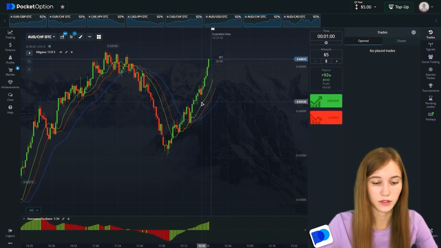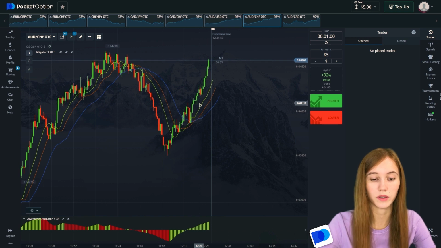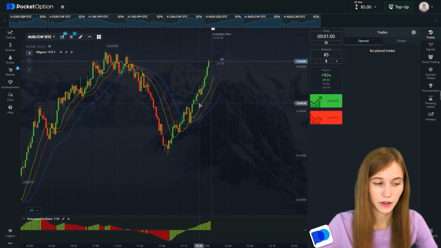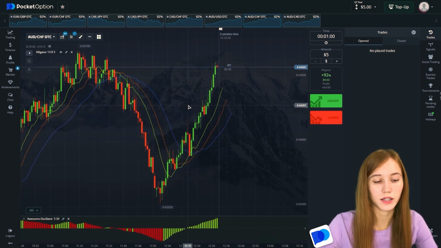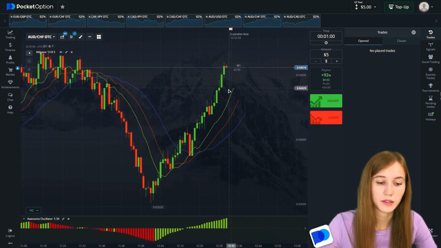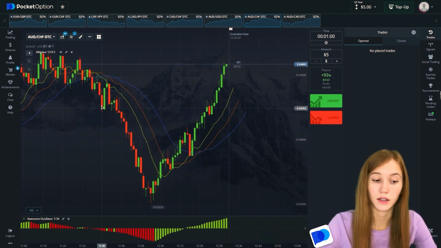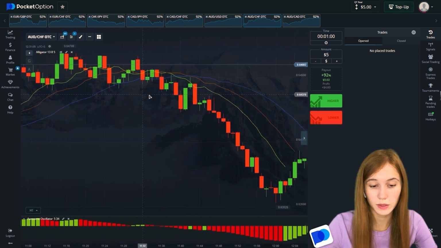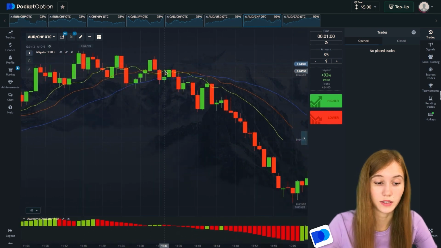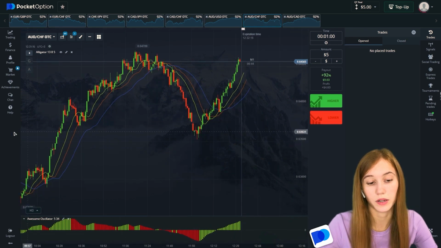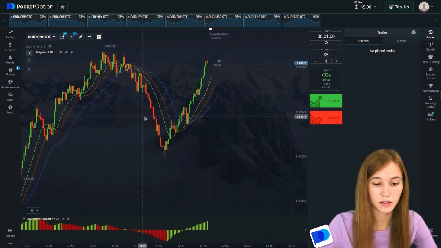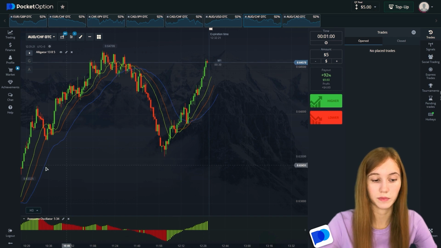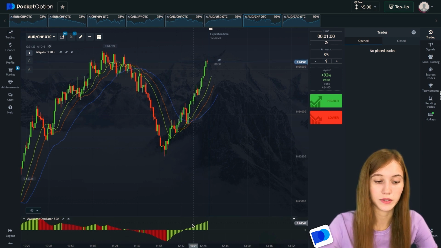The alligator reflects the state of the market at each moment in time. It shows when the market is flat, when the market is in momentum, and when the impulse begins and ends. The green moving average dominates in an upward trend, blue in a descending one. Red is the average between the two moving averages, and when one of the lines is crossed, this is a signal for a trend change. It's very important.